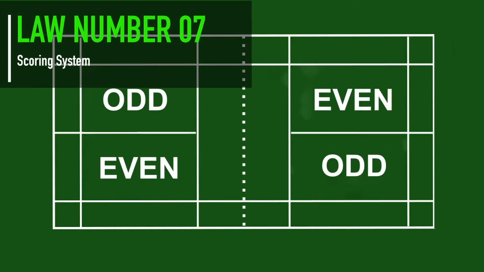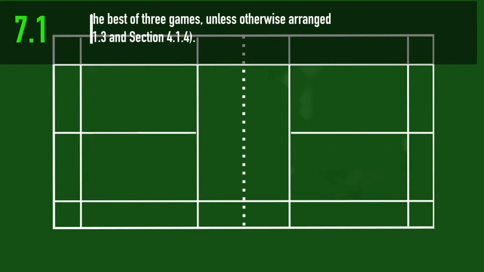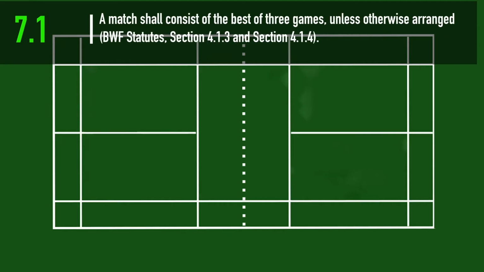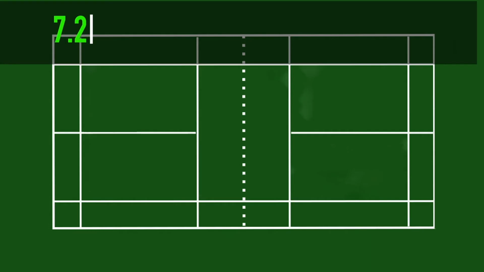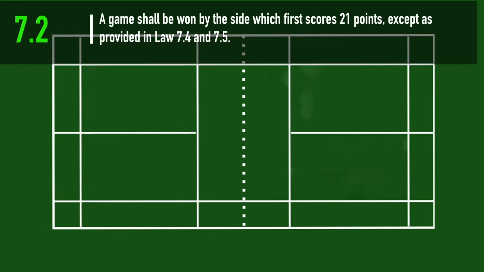Law number 7. Scoring system. 7.1. A match shall consist of the best of 3 games, unless otherwise arranged. 7.2.